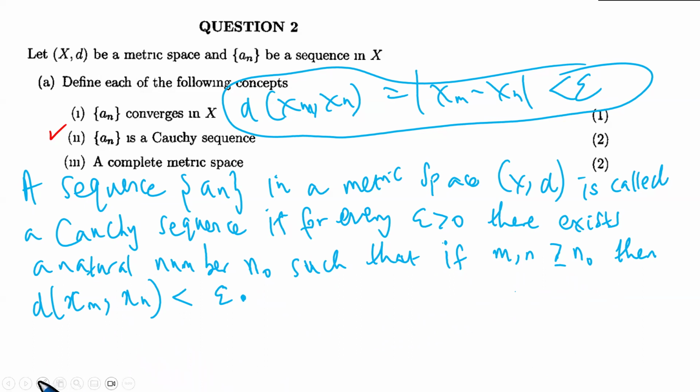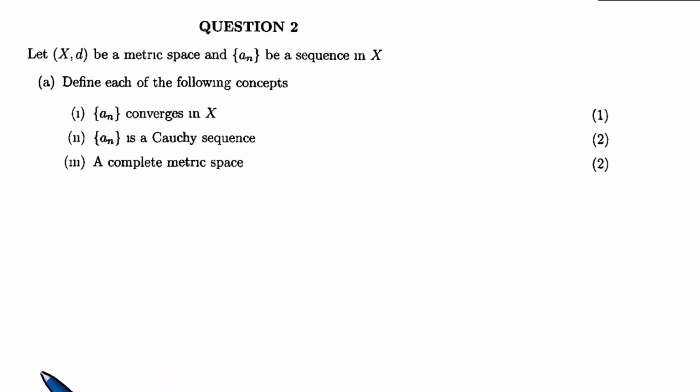Let's define a complete metric space. So we're looking at Roman figure 3.